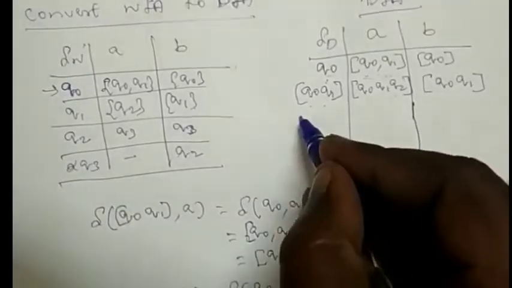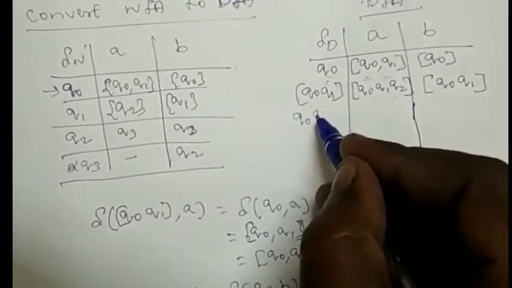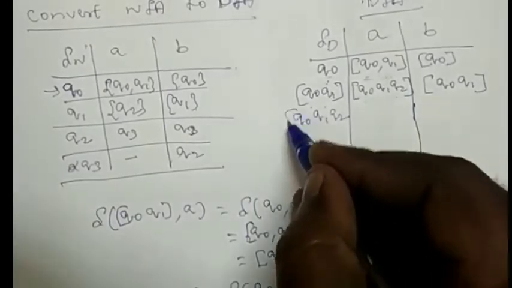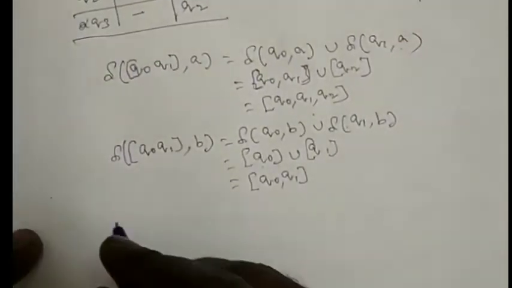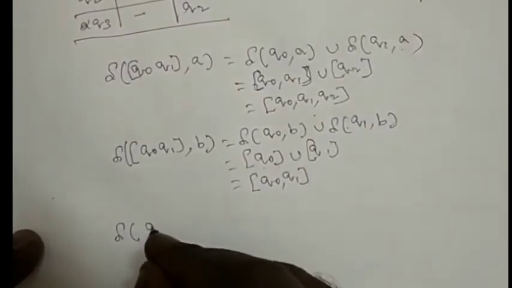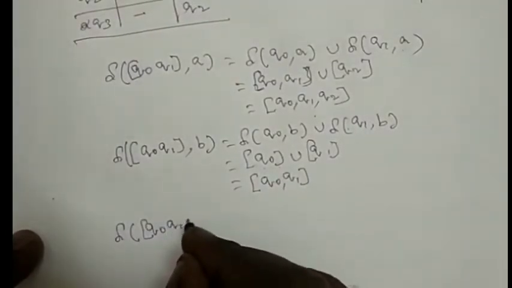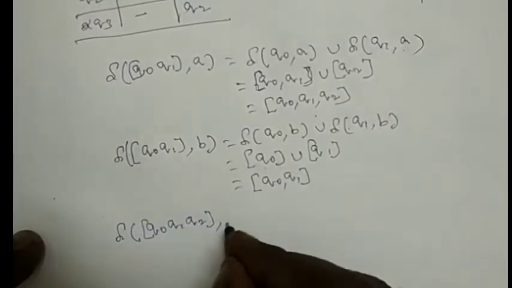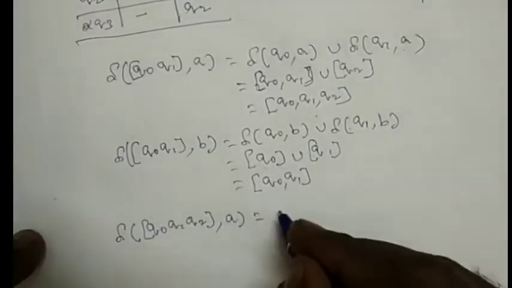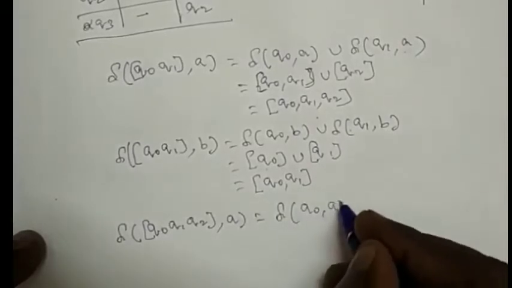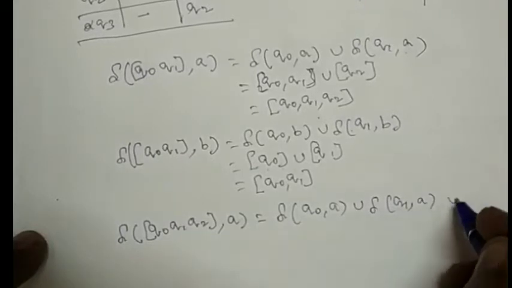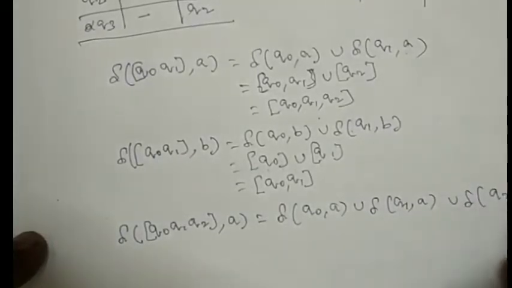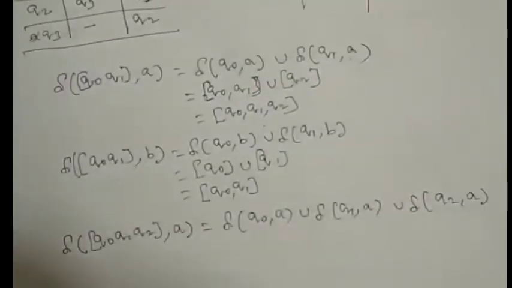So now I go here, {Q0, Q1, Q2}. When I apply A in {Q0, Q1, Q2}, what happens? So delta of {Q0, Q1, Q2}, if I apply A, you go to delta of Q0 comma A, union delta of Q1 comma A, union delta of Q2 comma A. So three states.